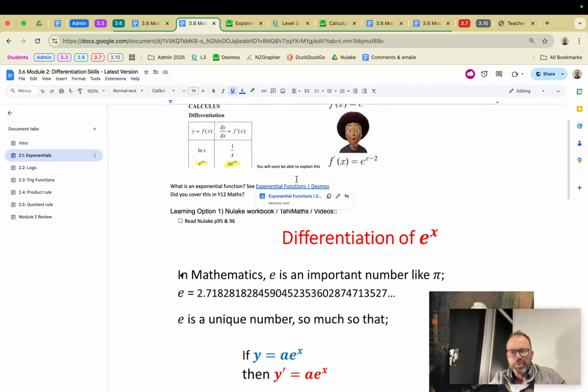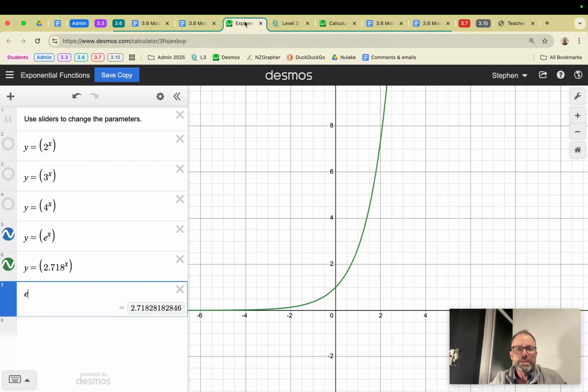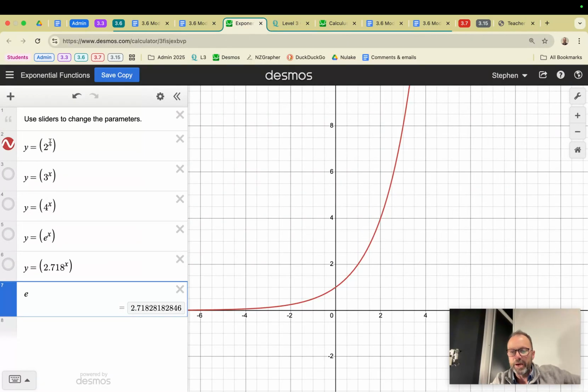In fact, what I should really have asked probably at the start here is, what is an exponential function? Were you taught this in year 12 maths? Let's say you've got a simple y equals 2 to the power of x. That's the curve there. When x is 0, 2 to the power of 0 is 1.